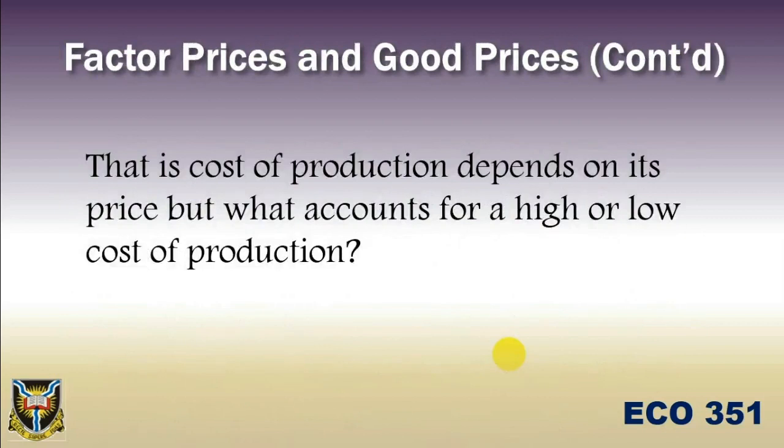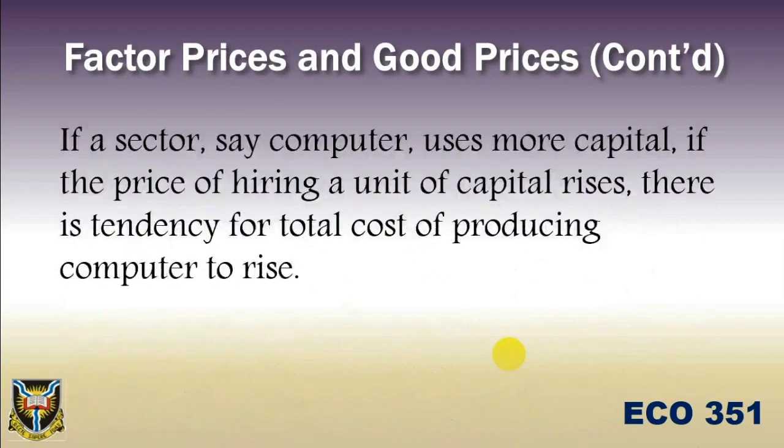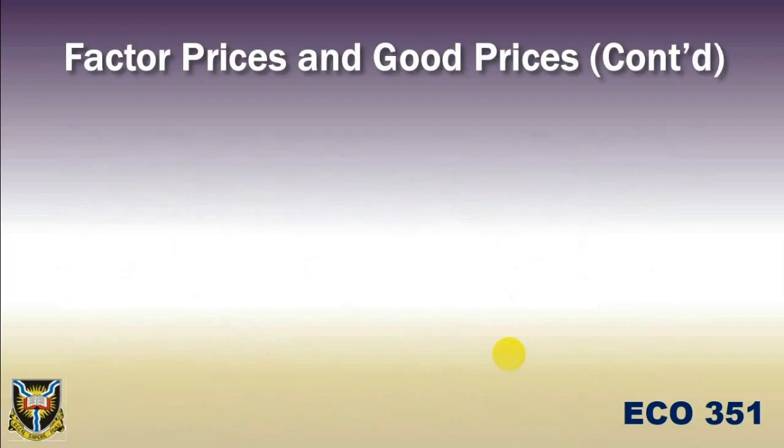But what accounts for a high or a low cost of production? If a sector, say computers, uses more capital, and the price of hiring a unit of capital rises, there is a tendency for the total cost of producing computers to rise.